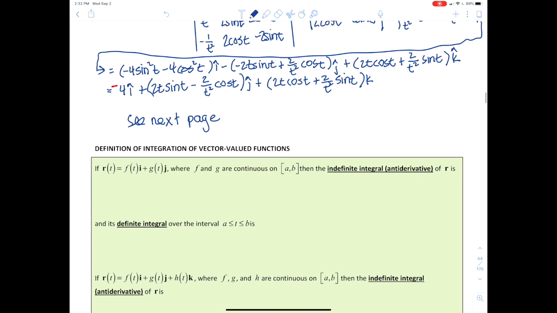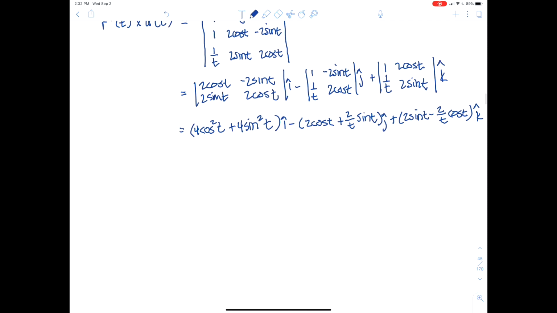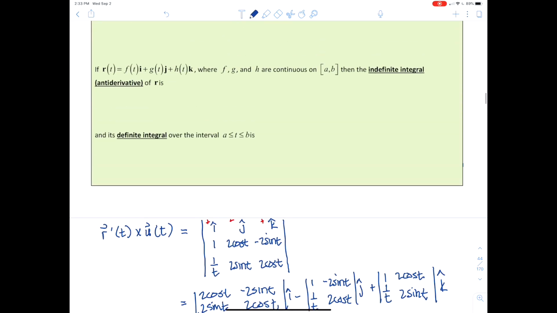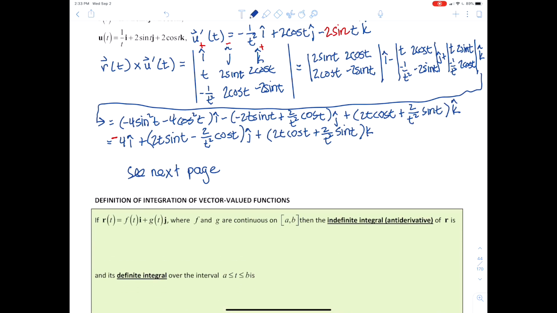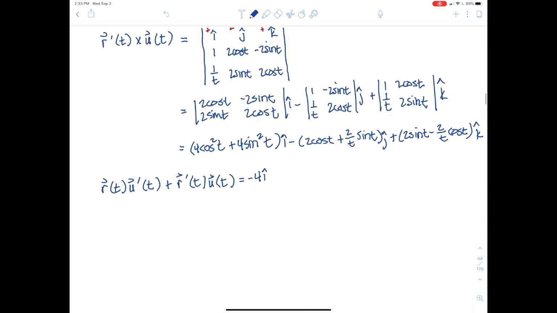We had negative 4i, and then what did we have? 2t sine t, 2t squared. Right.